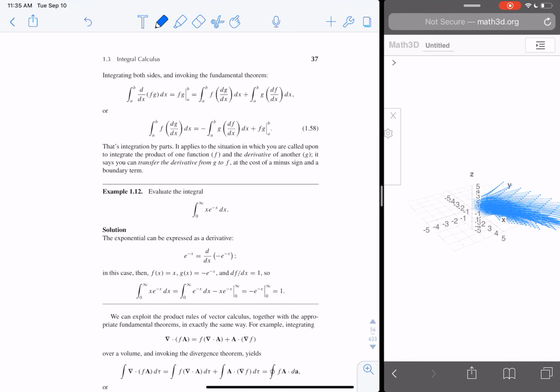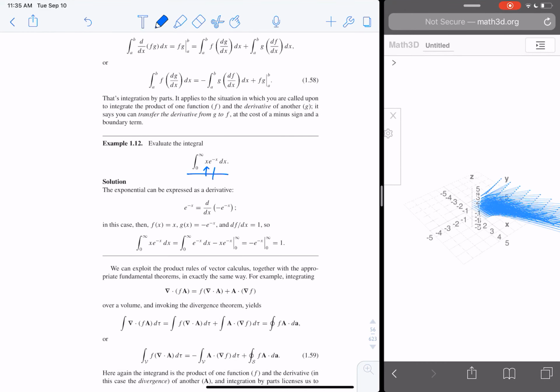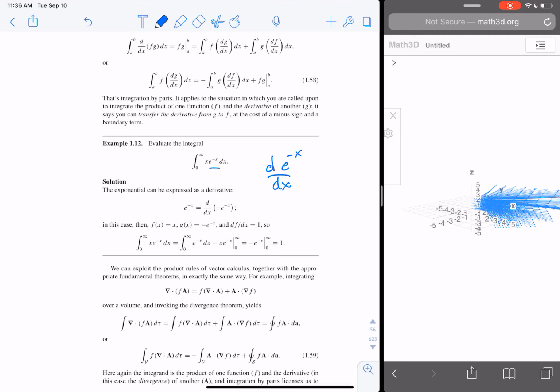So let's say we want to evaluate this integral. So this is f and this is g. Okay, and what we're going to do then is take the derivative of that, and the derivative of that here looks like the derivative of e to the minus x. Okay, so the derivative of e to the minus x dx is equal to minus e to the minus x, right?